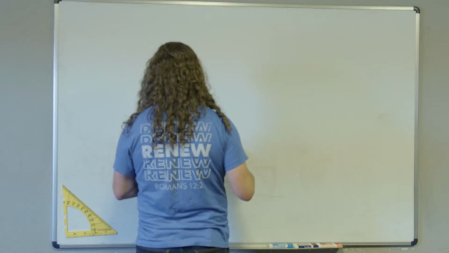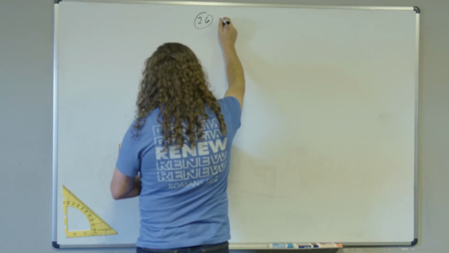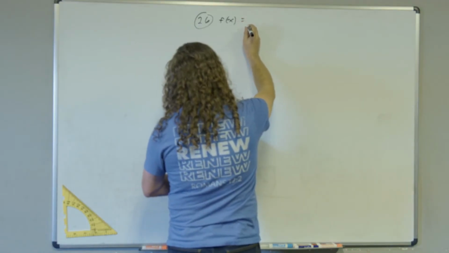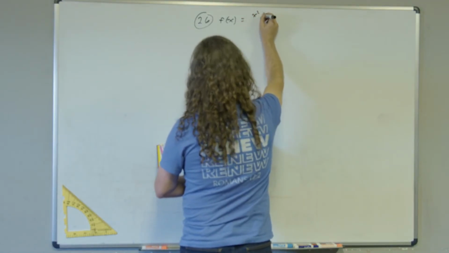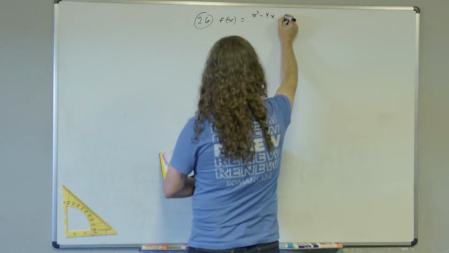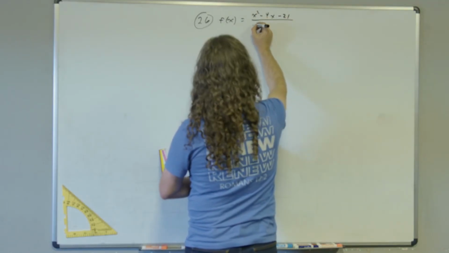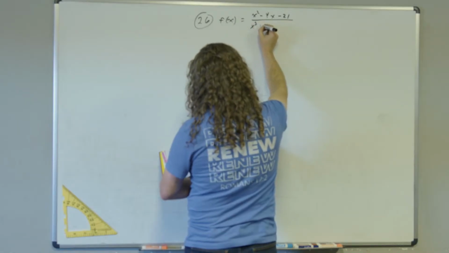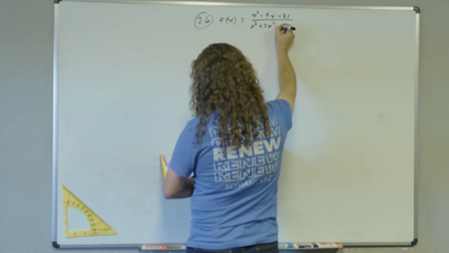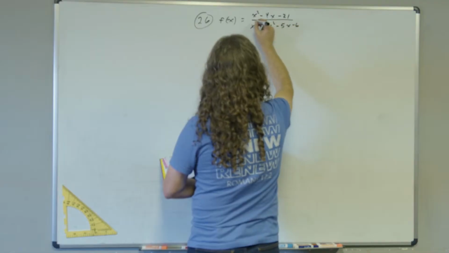26 is f of x equals x squared minus 4x minus 21 over x cubed plus 2x squared minus 5x minus 6.